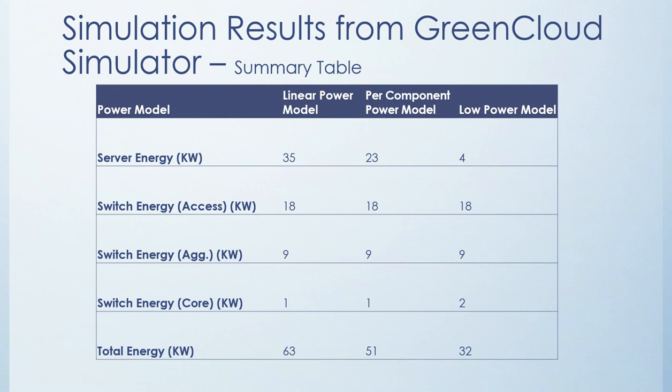The access switch and the aggregate switch have constant energy consumption because they are always running, so the different power schemes do not affect them. The core switch equally has fairly constant energy consumption.